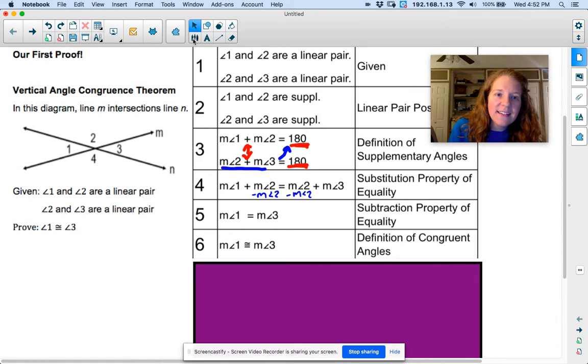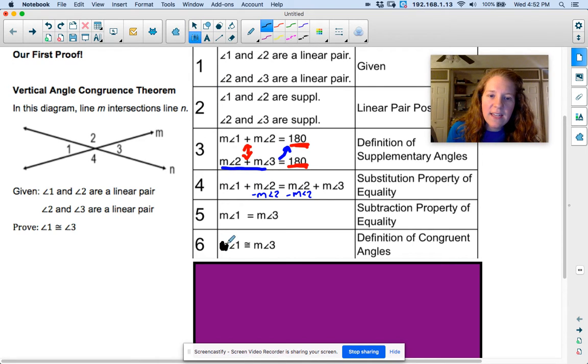And I had a copy and paste fail here. This should not have an M anymore because once you're into congruence, you're not talking about the measure, you're talking about the angle as a whole. So this should say, here, I'll just rewrite it all together. This should say angle 1 is congruent to angle 3.